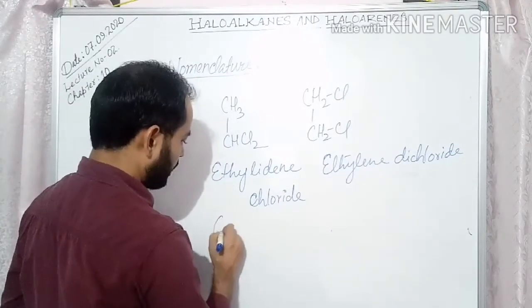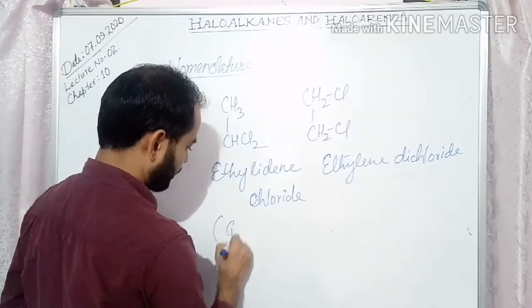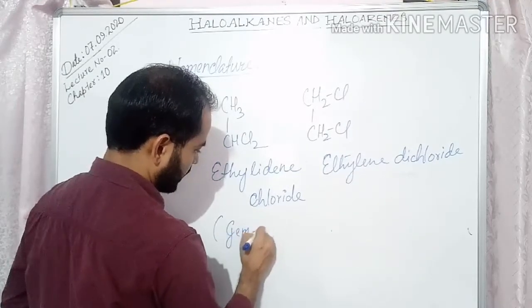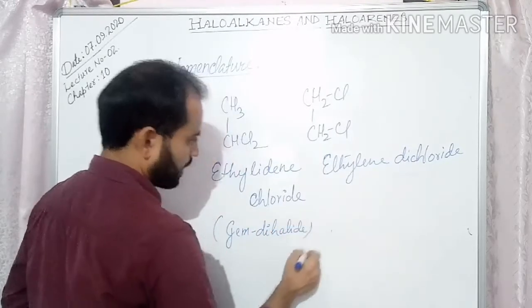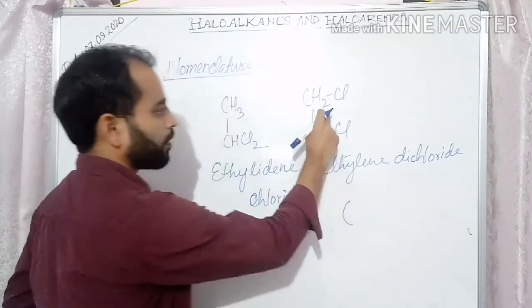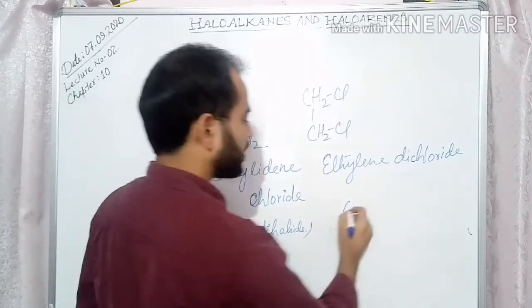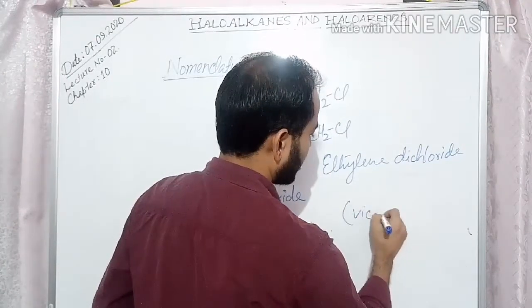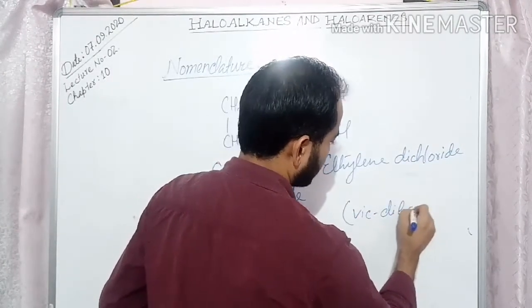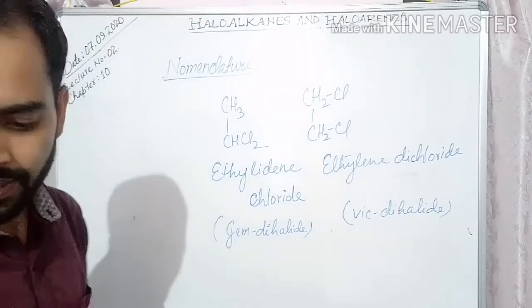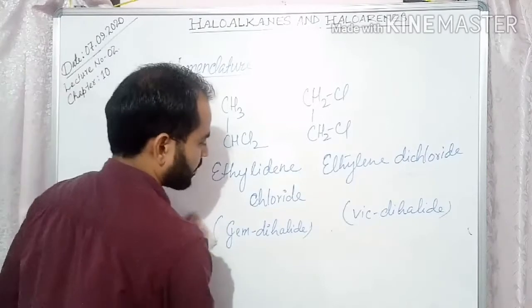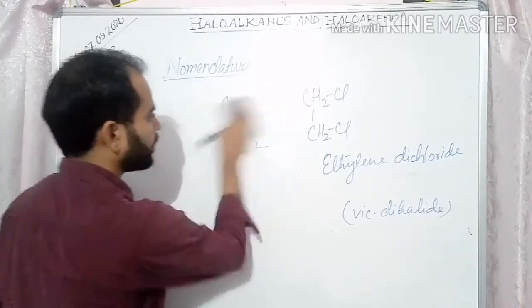The first is also called geminal dihalide, and if hydrogens from different carbons are replaced, then it is called vicinal dihalide. Geminal dihalide and vicinal dihalide. Okay, hope it is clear to everyone.